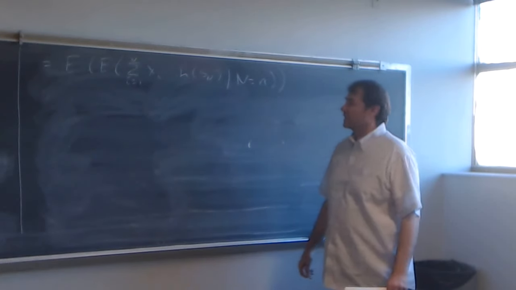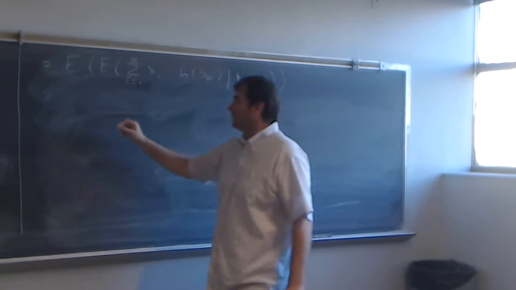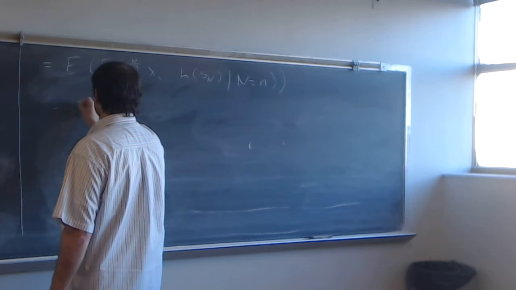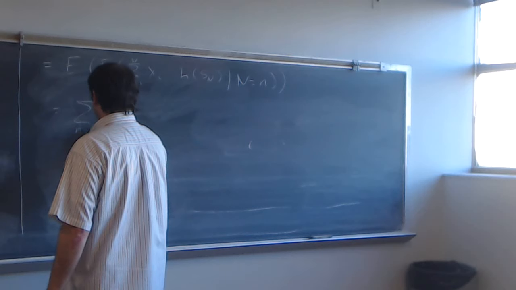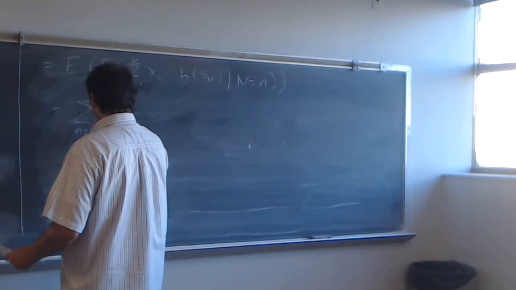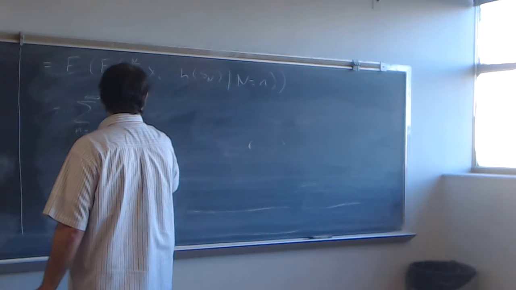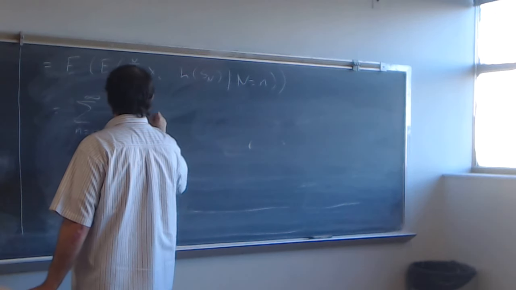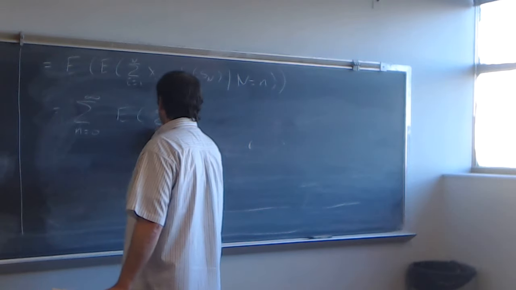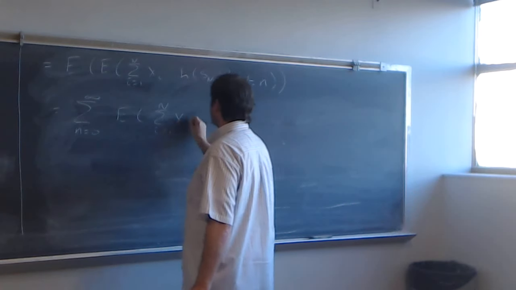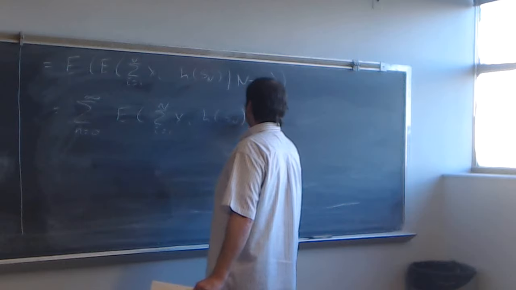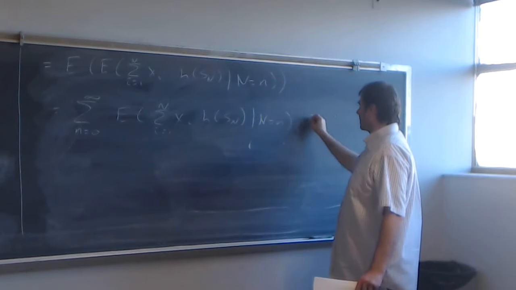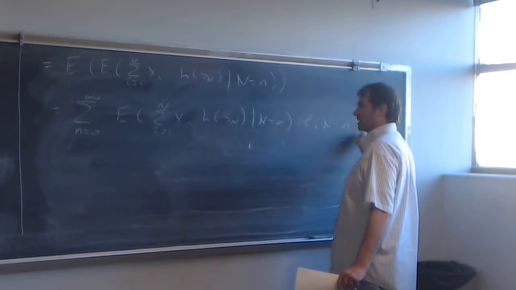That's a fact that we've proven before, and then this will be equal to the sum over all n values, where n can run from 0 to infinity, of this conditional expected value of the sum as i runs from 1 to big N of X sub i, h of S sub N, given N equals n, times the probability that big N equals little n.